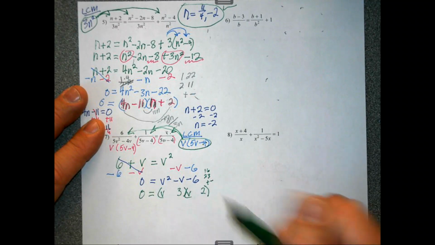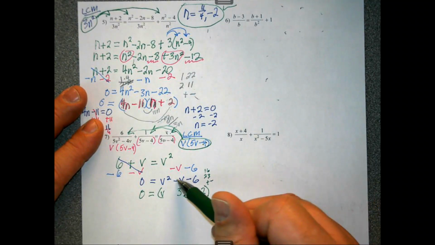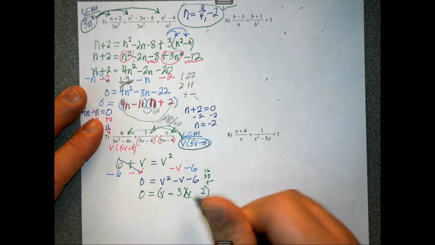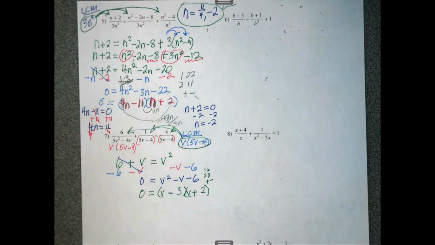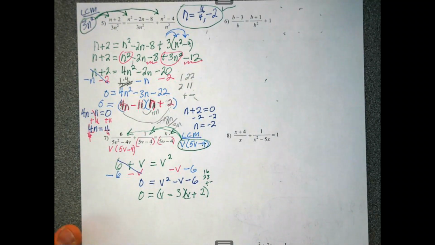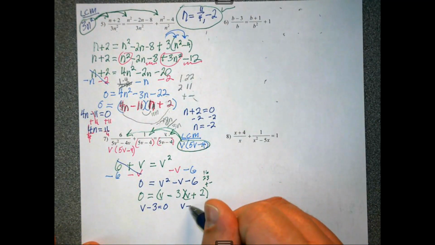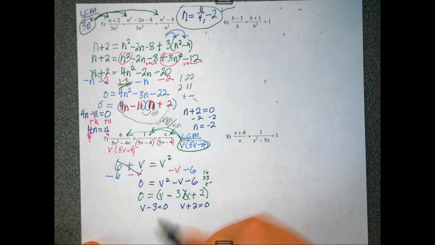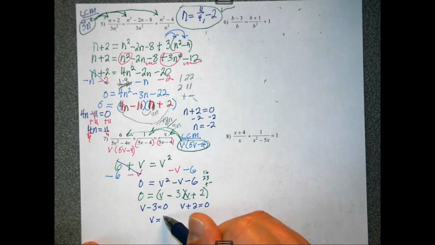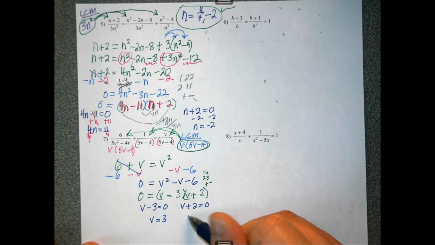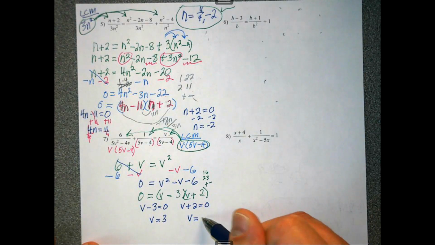It's going to be 3 and 2. Want the bigger one to be negative, smaller one positive. Set each one of those equal to 0. So here, v is going to equal positive 3, and v is going to equal negative 2.